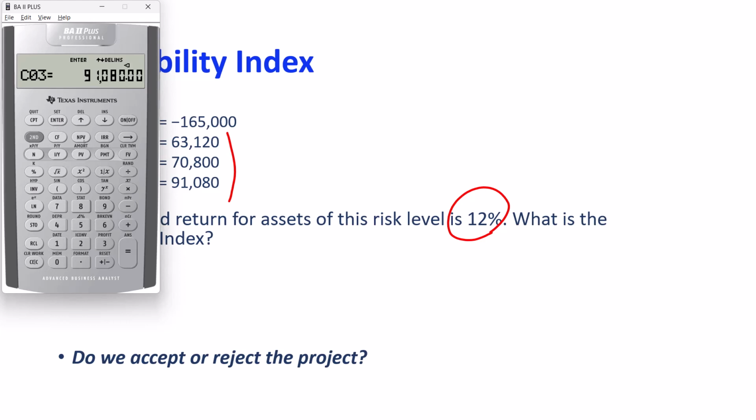And then we can calculate the NPV of the project, which is how much? 12% is the discount rate. And the NPV is 12,627.